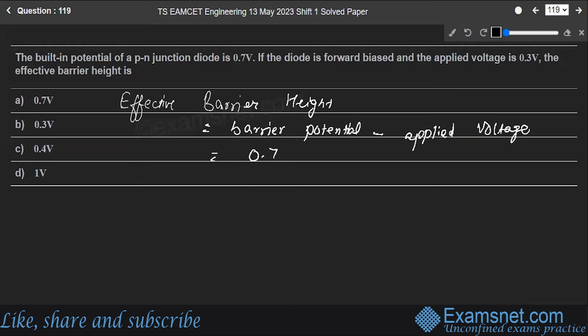This is 0.7 volt and the applied voltage is this. So the answer is 0.4 volts. Simple as that. Option C is the right answer.